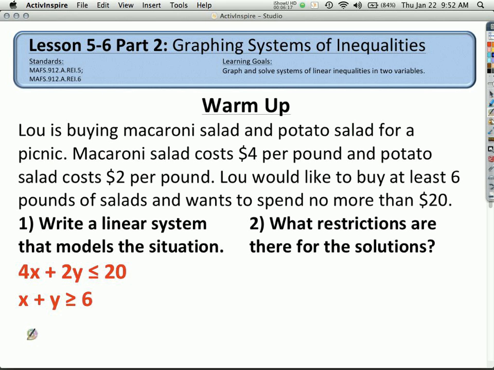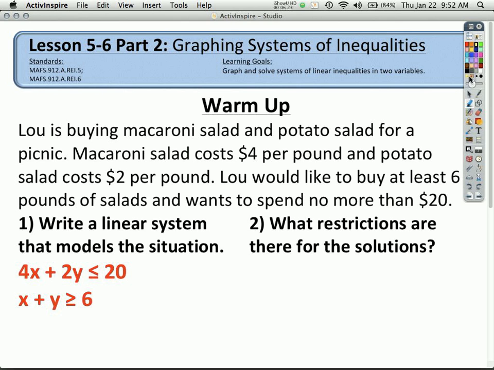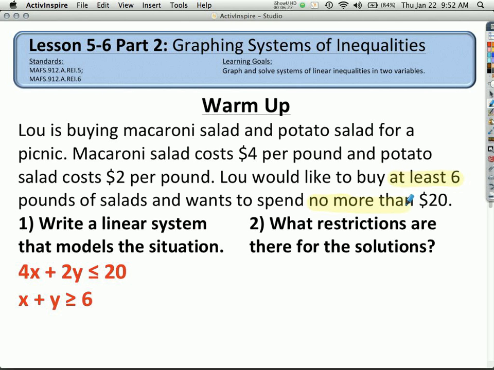Okay, very good. Those are restrictions, very good. Now, 2 restrictions are stated in the question. So one of them is this, and the other one is this. Those are 2 restrictions. But they were explicit. They were stated in the question. When I ask you for restrictions, I want those, but I also want the ones that are not written anywhere.